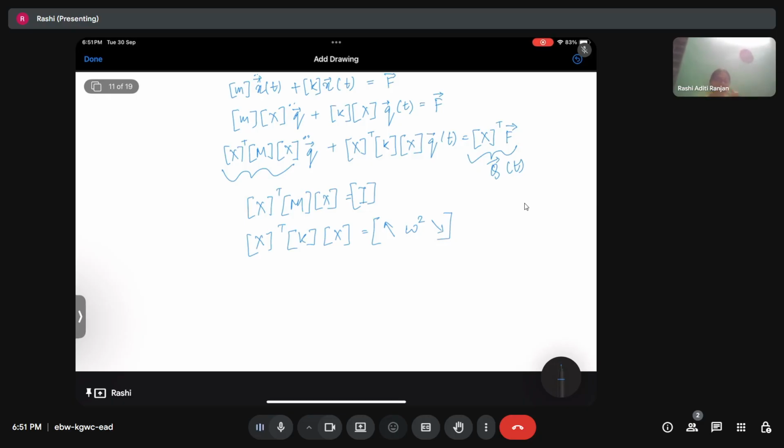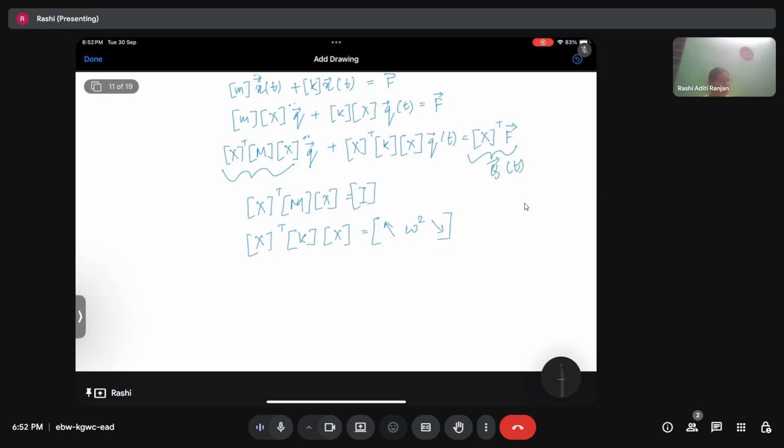See, this is because the mass matrix is the same and X is nothing but the mode shapes, if you remember, right? So if we pre and post multiply our mass matrix with the mode shape and its transpose, it is going to give us an identity matrix. And same with stiffness, it is going to give us a diagonal matrix in which the diagonal elements are nothing but the frequency square.